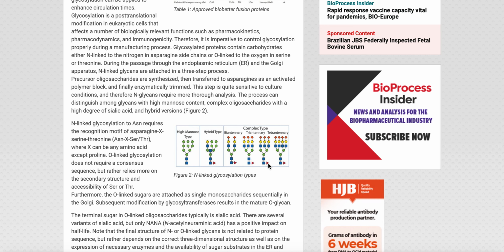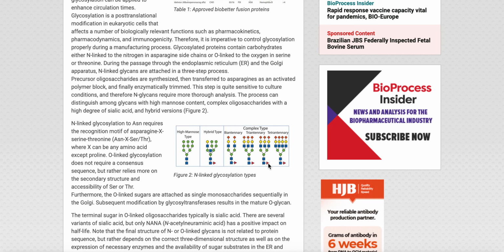So, during the passage through the endoplasmic reticulum and the Golgi apparatus, N-linked glycans are attached in a three-step process. Precursor oligosaccharides are synthesized, then transferred to asparagine as an activated polymer block, and finally enzymatically trimmed.